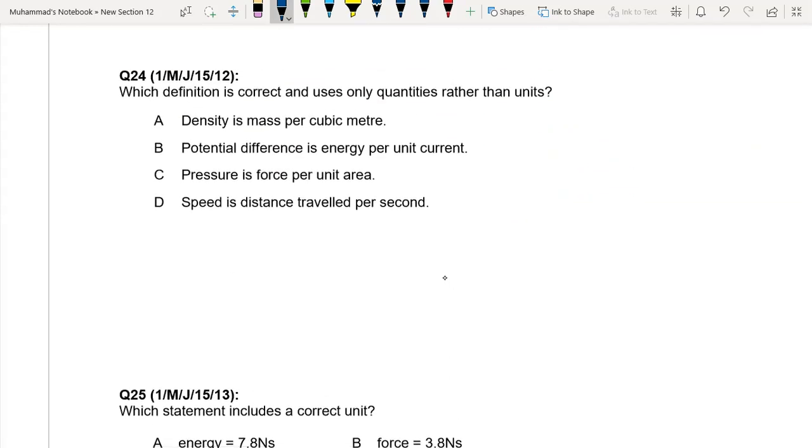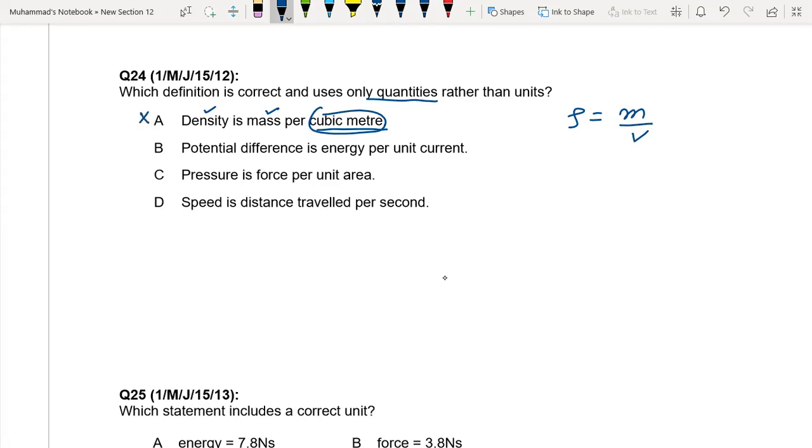Which definition is correct and uses only quantities rather than units? Density is mass per unit volume. So density is a quantity, mass is a quantity, per cubic meter. This is the unit of volume, but this is a unit, not a quantity. So we have to look for the expression which has only quantities.